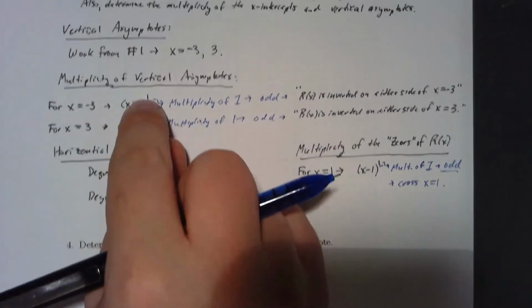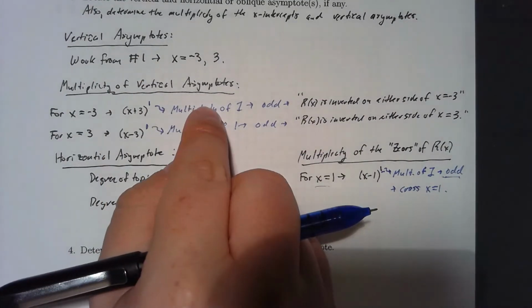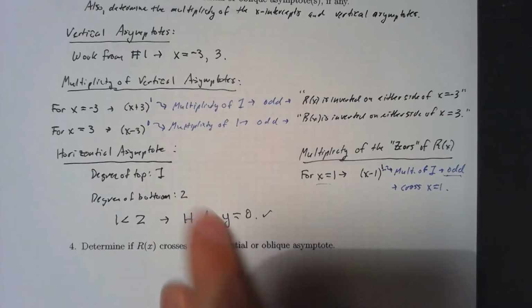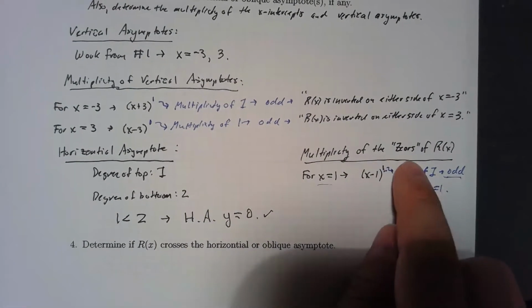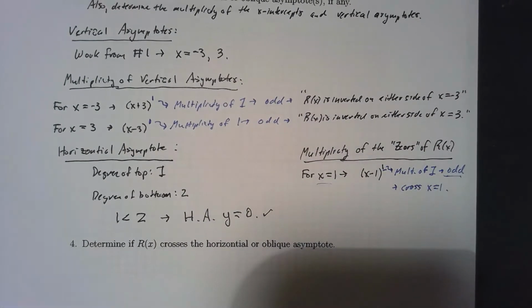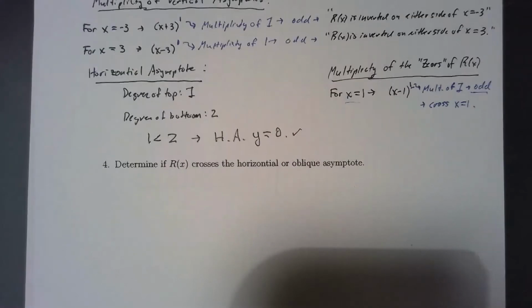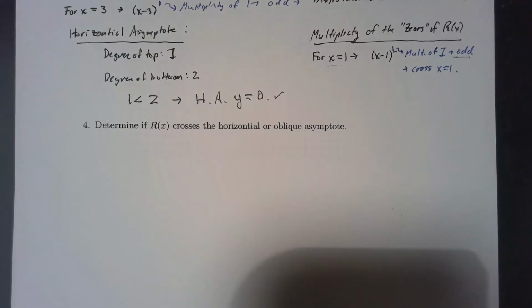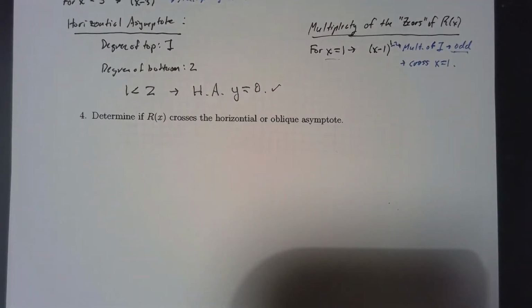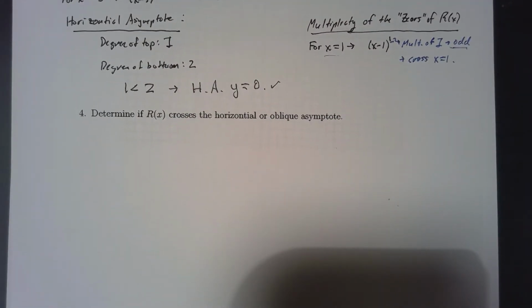So those 4 things: vertical asymptotes, the multiplicity of the asymptotes, the horizontal asymptote, the multiplicity of the x-intercepts. There's a lot to do here, I'm not going to lie. Now I want to determine if my function is going to cross the horizontal or oblique asymptote.